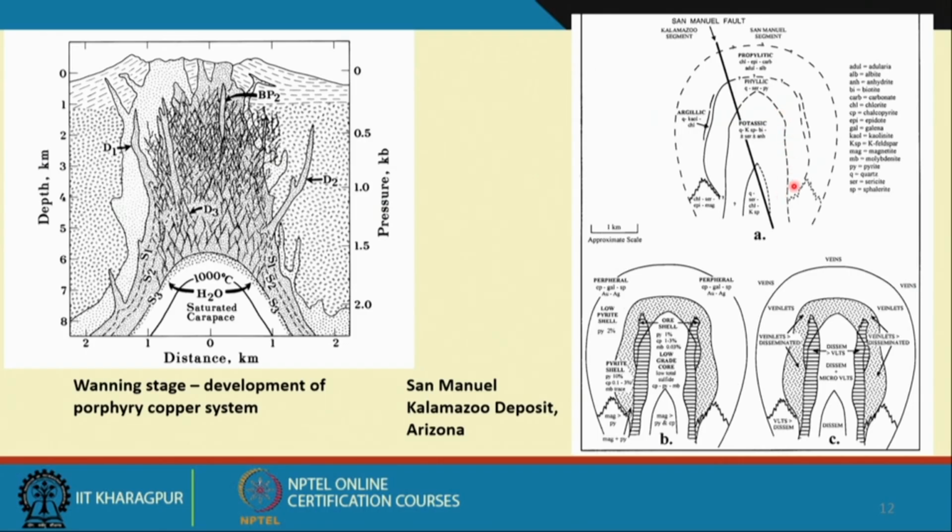Then there is the phyllic alteration, which is dominated by an assemblage of quartz and sericite, and the ore shell, the richest part of the mineralization, coincides with the boundary of the potassic and the phyllic alteration zones. Then there is the argillic alteration zone, surrounded by a propylitic alteration zone, and sometimes we also have an advanced argillic zone, which we will be discussing in a short while.